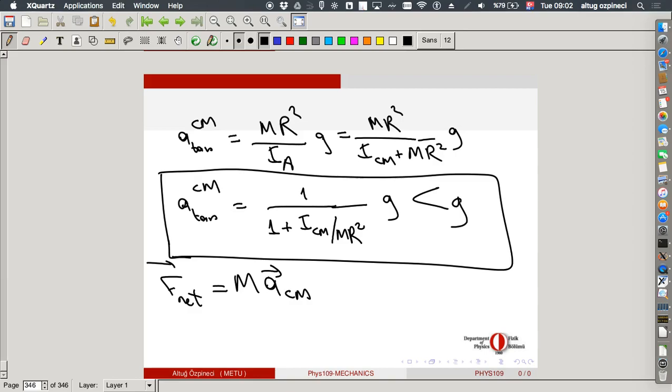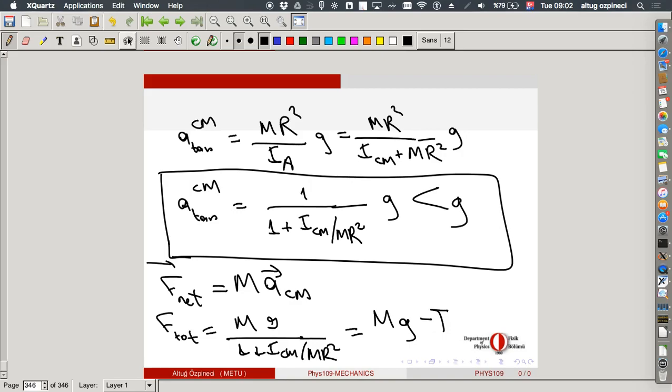Now we know the acceleration of the center of mass, so we know what the total force is. Its magnitude is equal to mg divided by 1 plus I center of mass divided by mr squared. This should be the total downward force. But we already know that this is mg in the downward direction minus the tension.